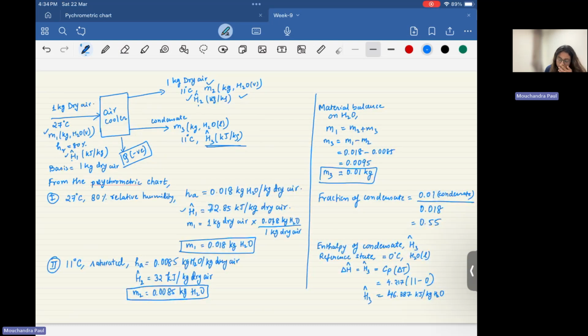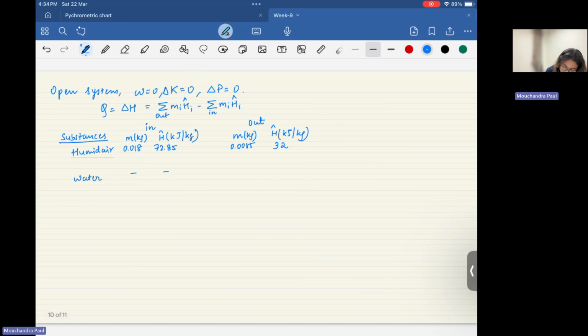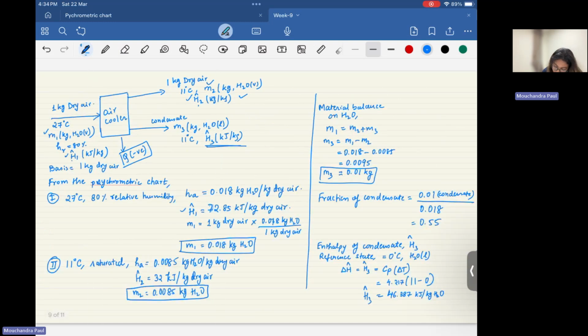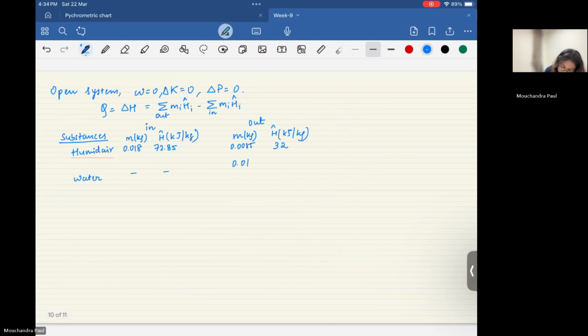Also, condensate is coming out at the mass of 0.01 and enthalpy H3, which is 46.34. I'm rounding off. So these are the values.